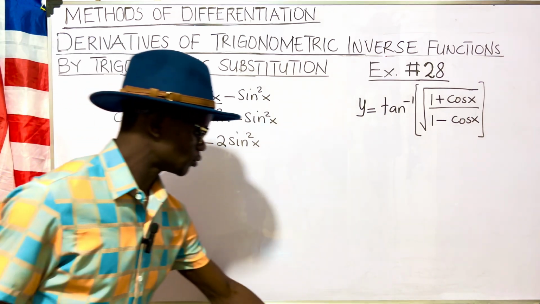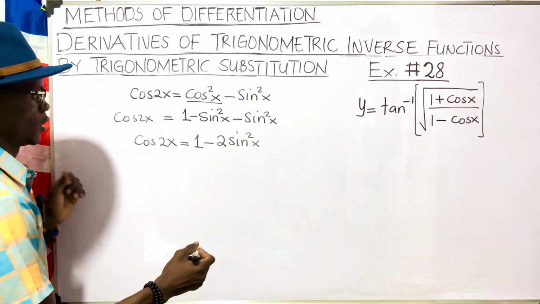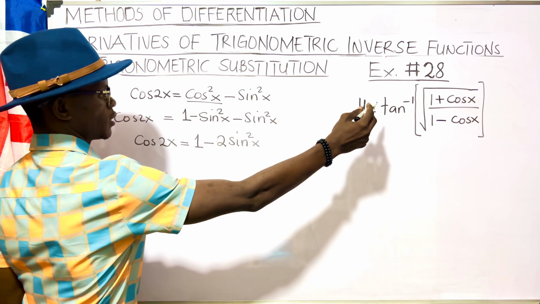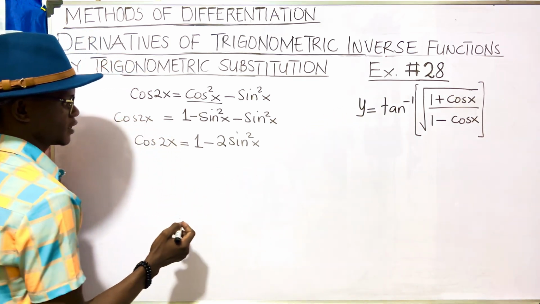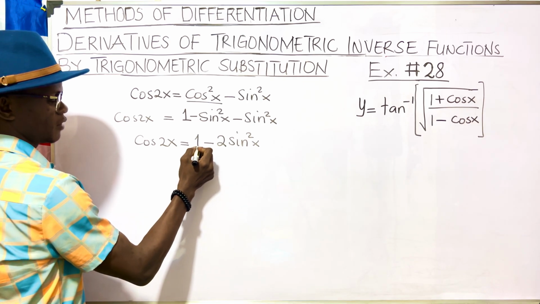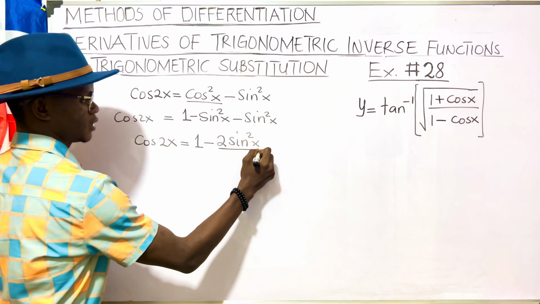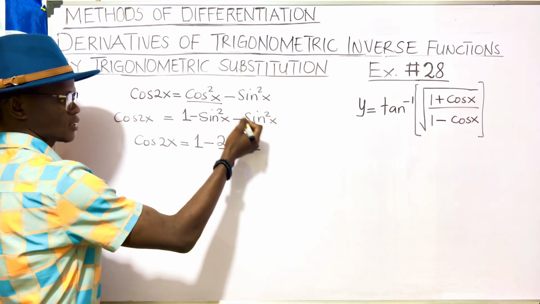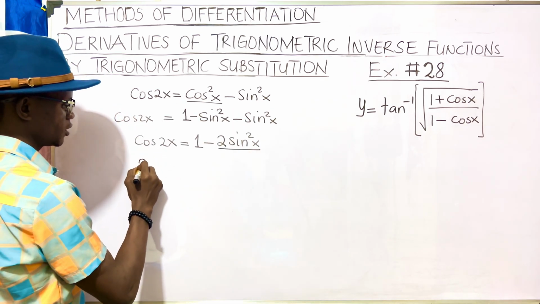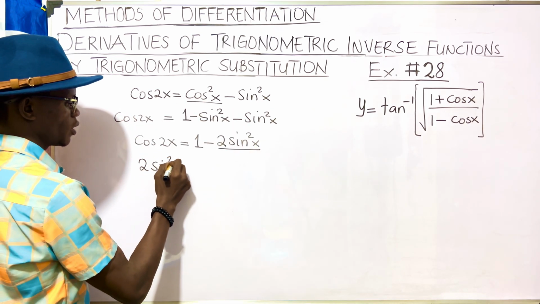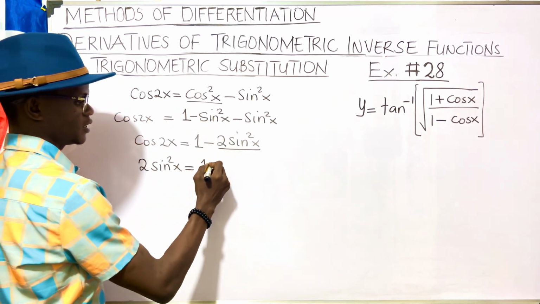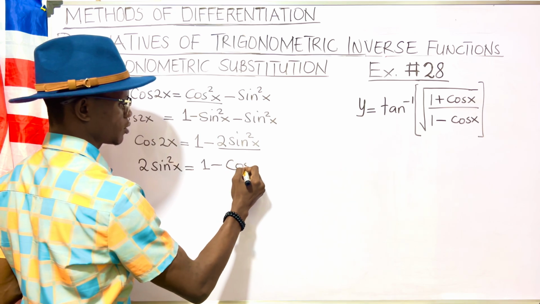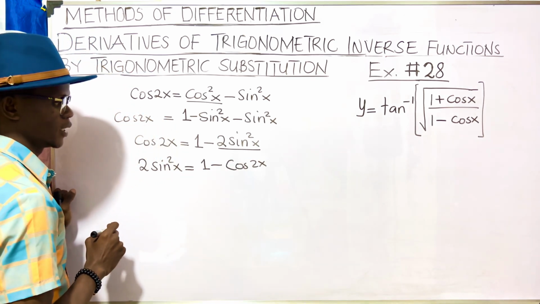But what do we want? We are looking for 1 plus cos x or 1 minus cos x. Now, if this 2 sine square x moves to this side, it becomes positive 2 sine square x, and then this is 1. If this cos of 2x moves to this side, it becomes negative cos of 2x.